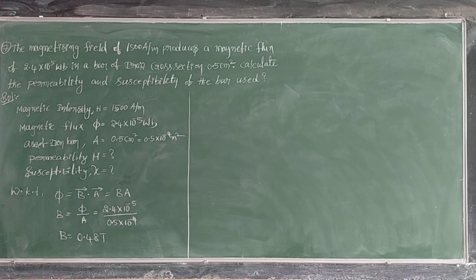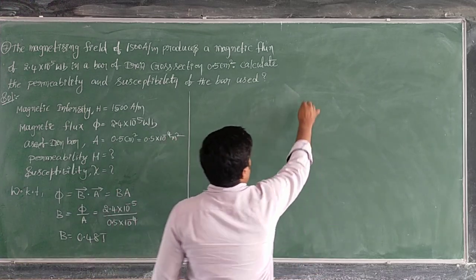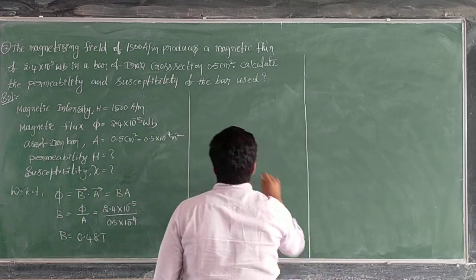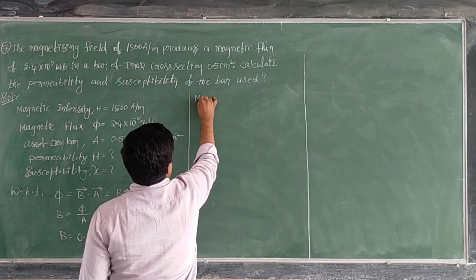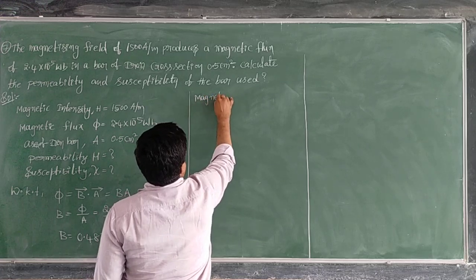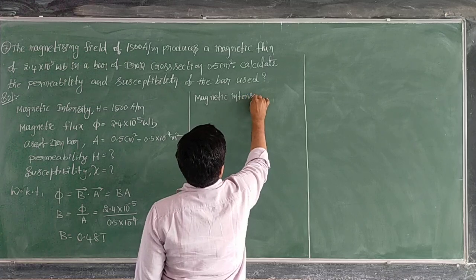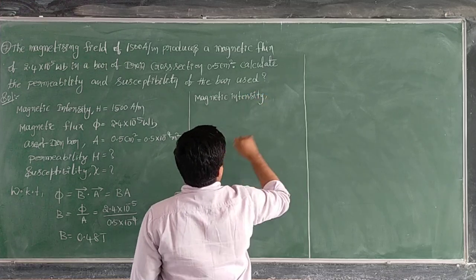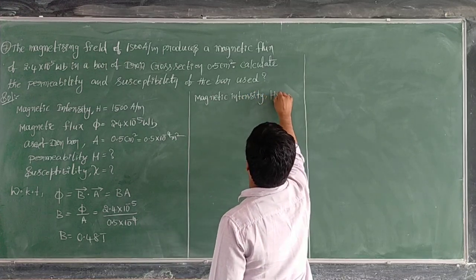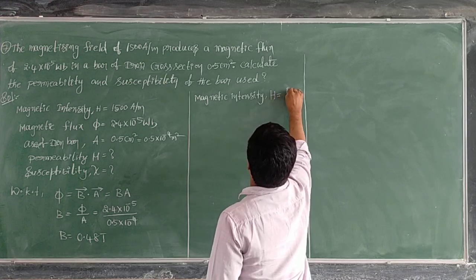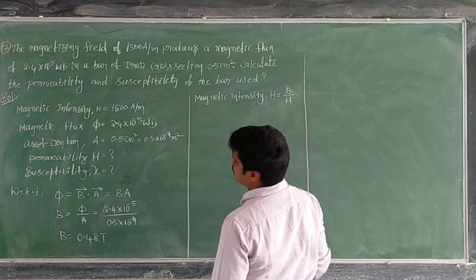Next, we have another formula: magnetic intensity H is equal to magnetic field divided by mu.